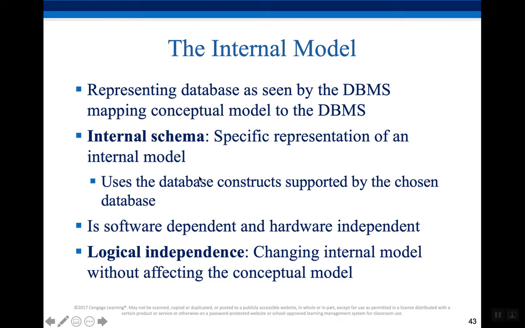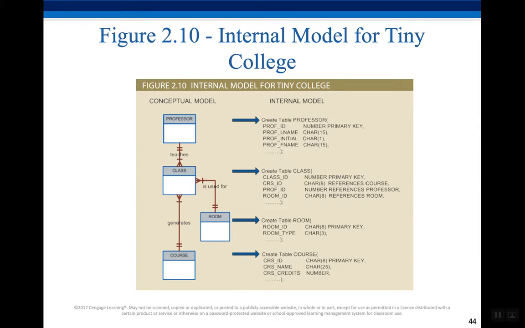And then the internal model represents the database as seen by the database management system, which is designed to take these schemas and turn them into where we physically store stuff on a disk somewhere. All right. Software and hardware independence. It's logical. You can change the internal model without changing the conceptual model.